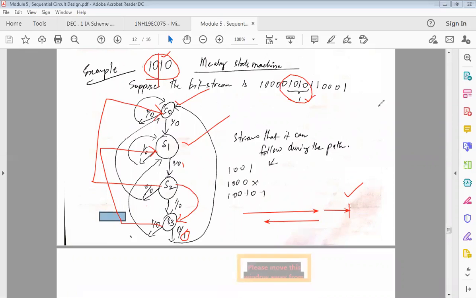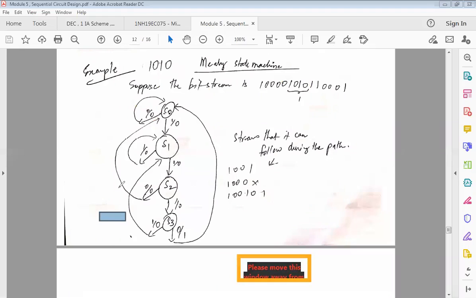Any doubts here, students? Please ask, because this is a very important concept and we need to discuss it. If you have any doubts, I will not proceed until all of you have understood. Can I proceed if you don't have doubts?